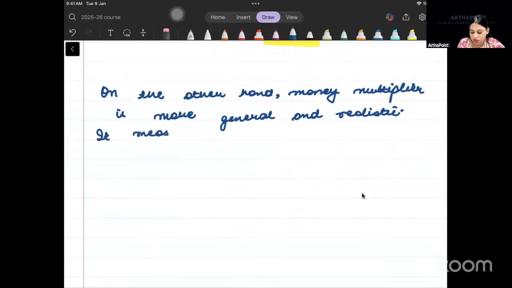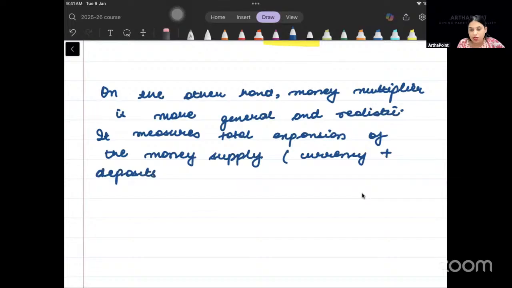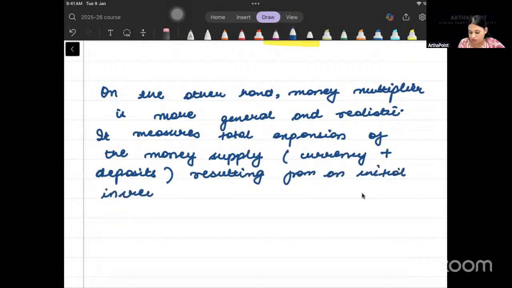It measures total expansion of the money supply, currency plus deposits, resulting from an initial increase in high-powered money or base money.